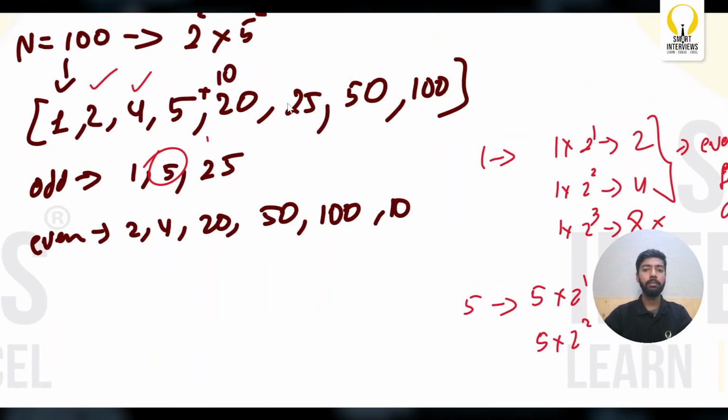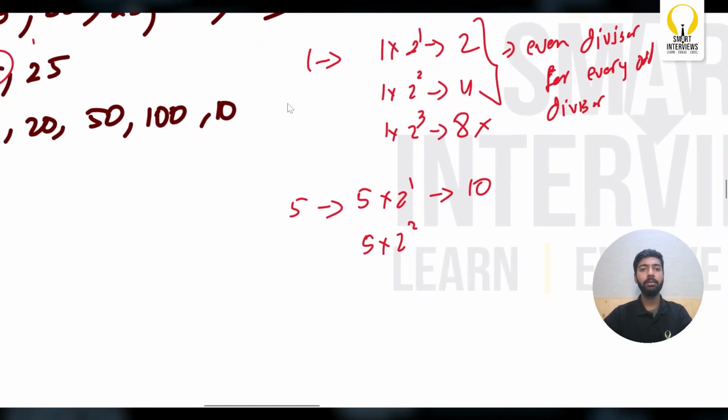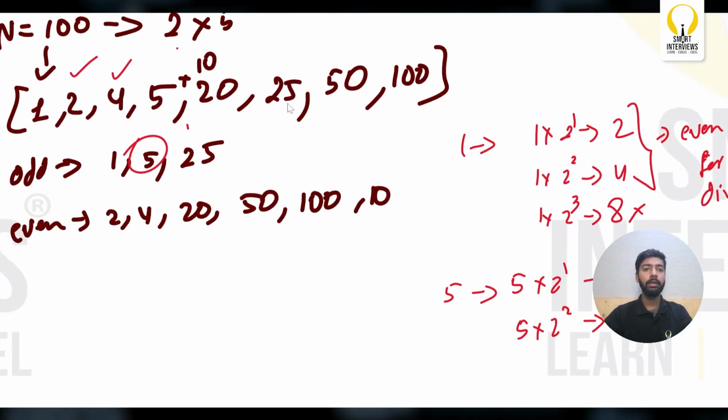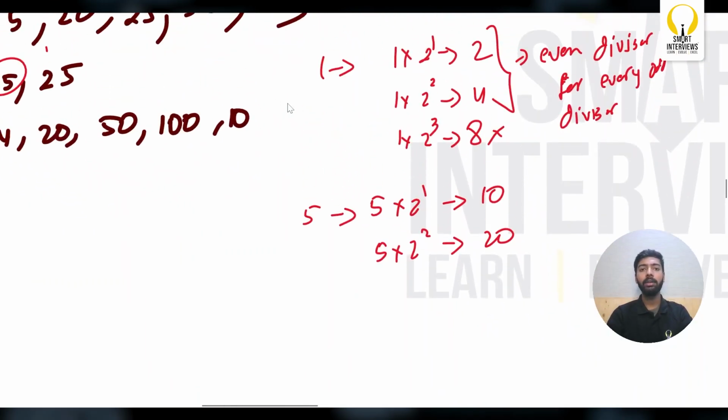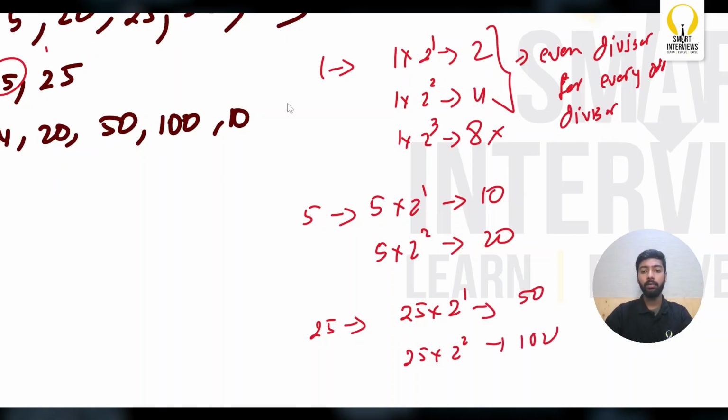So that means 10 is also an even divisor. So we have 10 and 2 power 2 into 5 which is 20. So 10, 20 as well. Now what's the third odd divisor, which is 25. So for 25, we can simply say 25 into 2 power 1, 25 into 2 power 2, which are 50 and 100. Both are even.